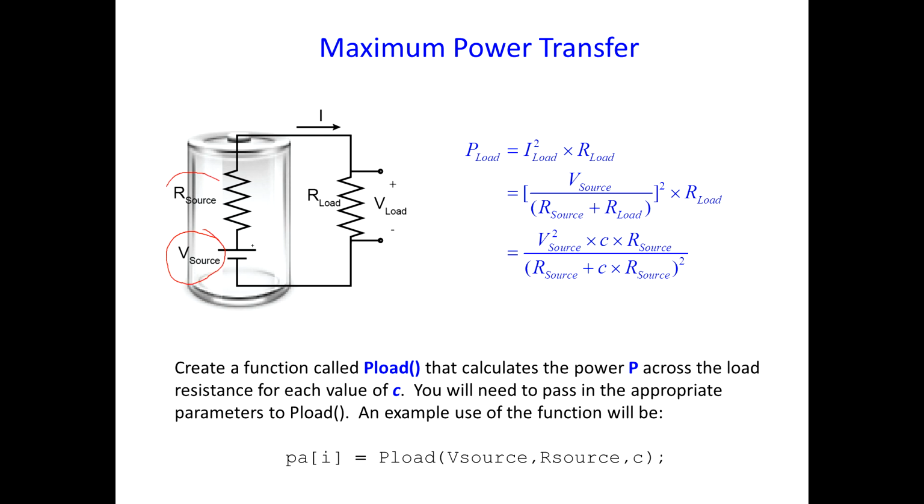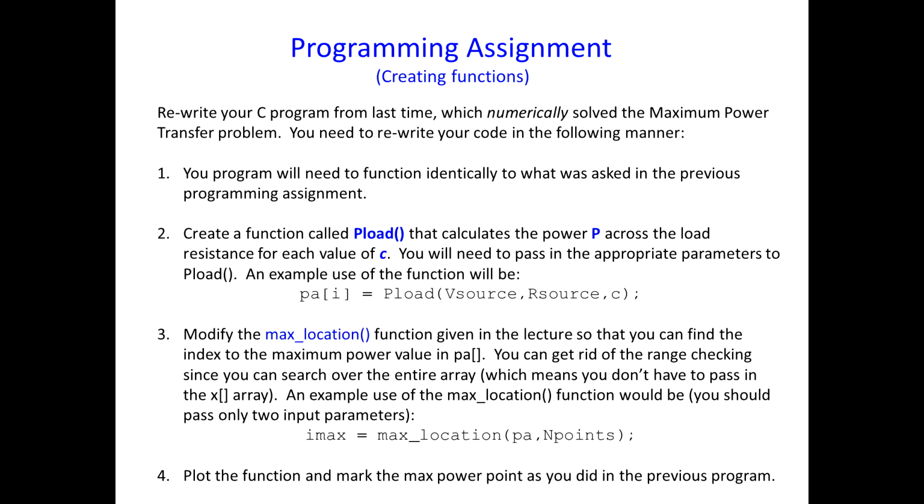We have the internal resistance that is also given by the user, and now we are going to vary the load resistance as this parameter C times the source resistance. We want to again compute the load across that.